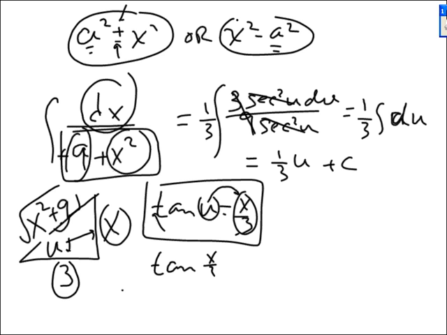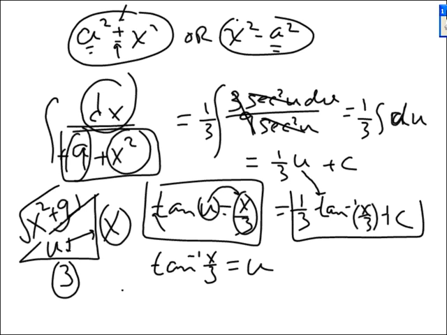Tangent u equals x over 3, so long as I say inverse. So you get 1/3, u is tan inverse of x over 3 plus c. And I'm pretty sure that's what I said we would get a while ago.